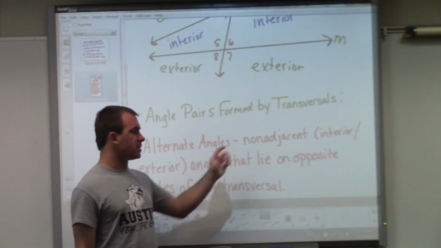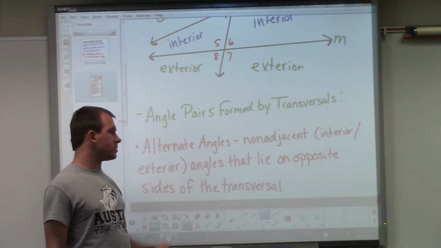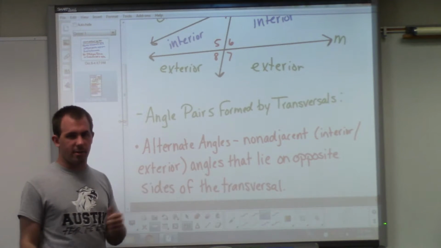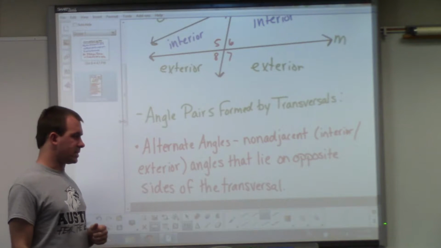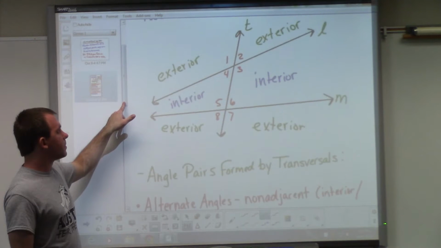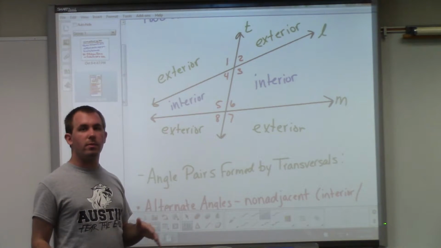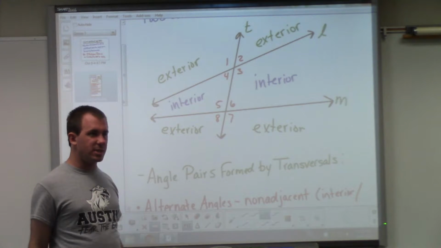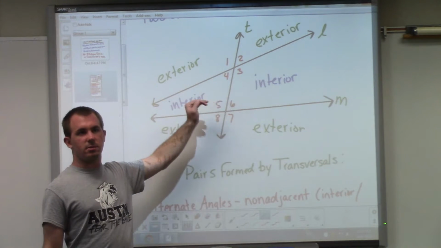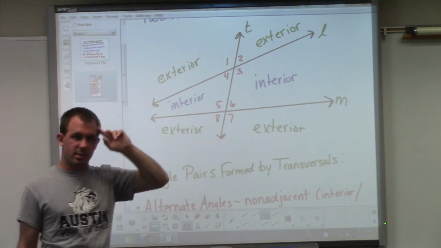So alternate angles, non-adjacent, so they're not right next to each other. Either interior angles that lie on opposite sides of the transversal, or non-adjacent exterior angles that lie on opposite sides of the transversal. So if we look up here, let's start with the interior. We know that they are non-adjacent. So no angles like 5 and 6, because those are adjacent. No angles like 3 and 4, because those are adjacent.